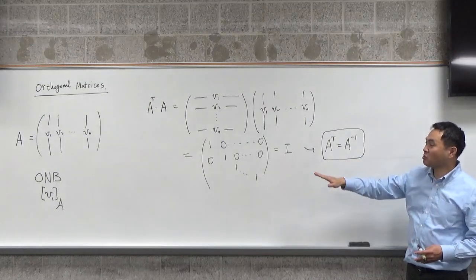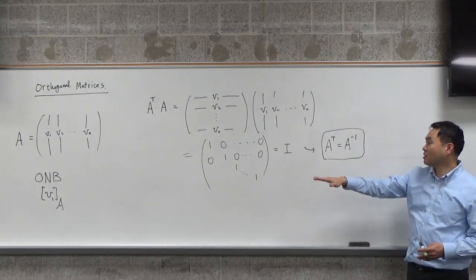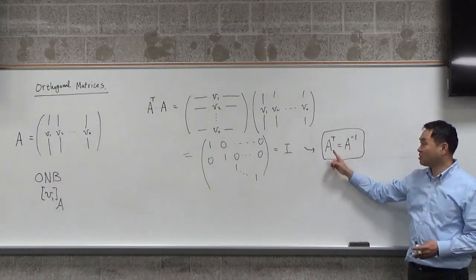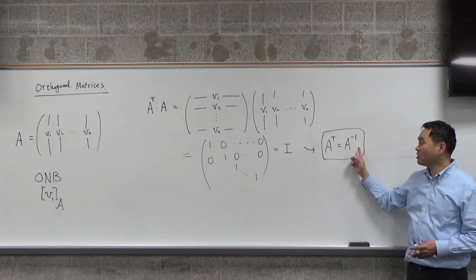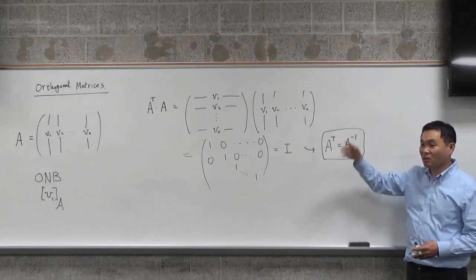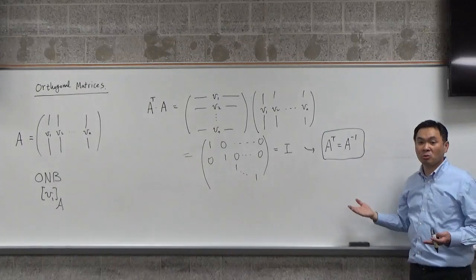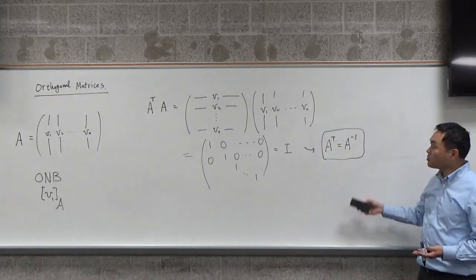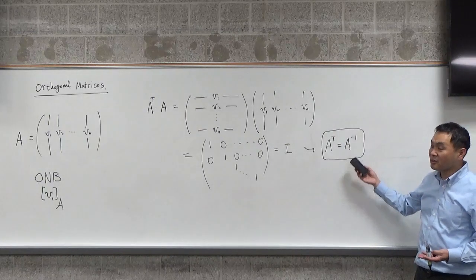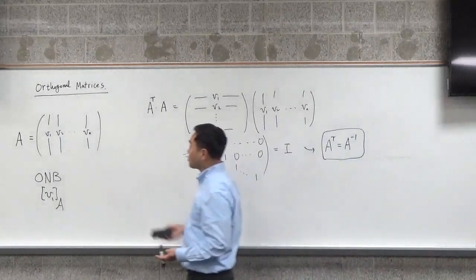If you build a matrix with an orthonormal basis as its columns, its transpose is the same as its inverse. And if any matrix satisfies this, its columns form an orthonormal basis. That's why this has a name.